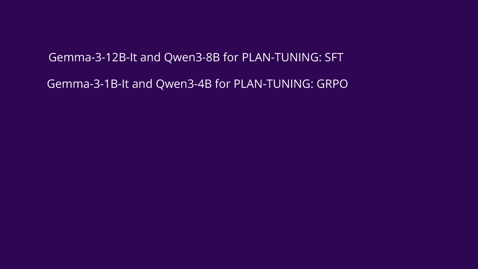But, and here's the big but again, for the GRPO plan tuning, they use the Gemma 3 1 billion. Now, 1 billion to 12 billion makes a difference. Here the size really makes a difference, so careful. If you read the data, always keep in mind: supervised fine-tuning 12B, GRPO 1 billion. And 1 billion is really a tiny model. This is, I don't know, for your Apple Watch or something.